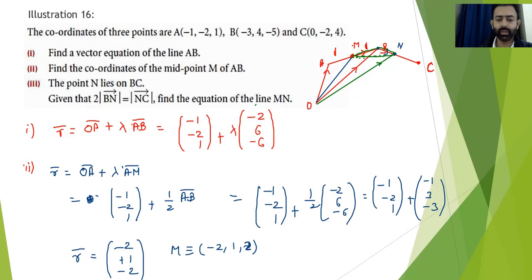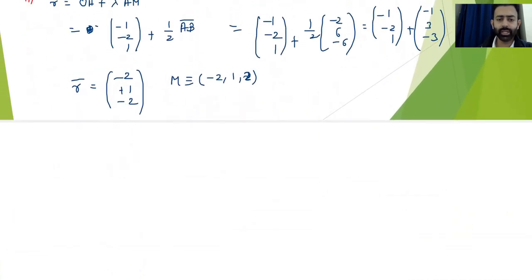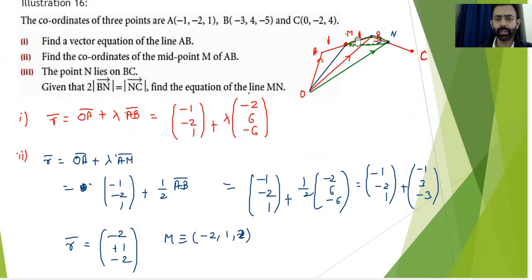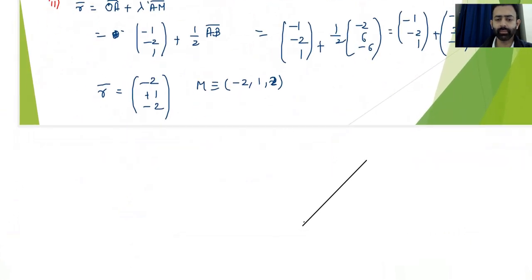All right. Okay. Let me draw this figure again using bigger sides. This is your OM, then MB and BN, then MN. And this is your MN. Okay. And this is your O, and joining this O with N like this.